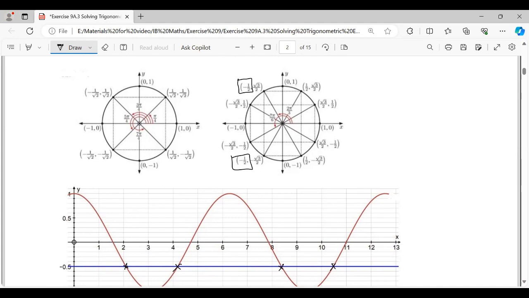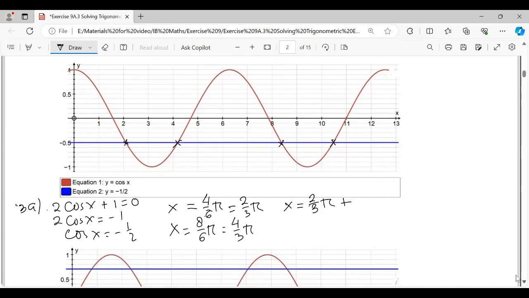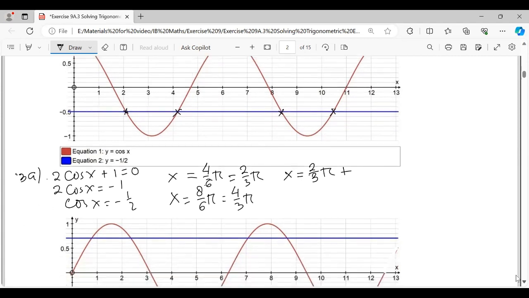Yeah. Okay, if this is plus 2 pi, it's going to be 3 times 2, 6 plus 2, 8. And then x, this one, 10/3. So pi plus 2 pi, 10/3 pi.